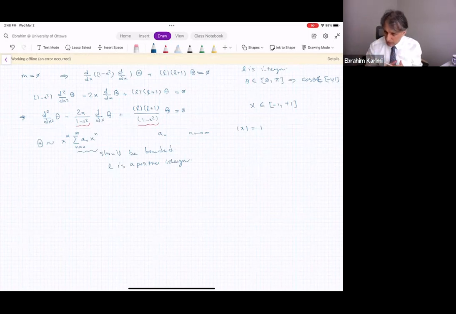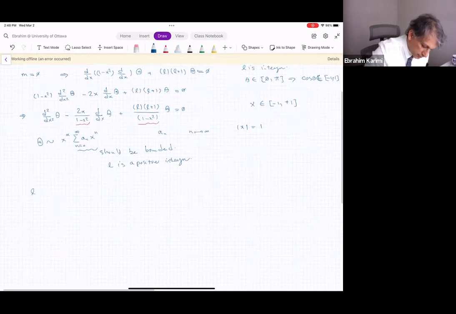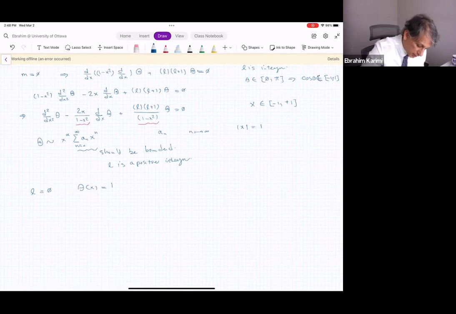You can look at what is happening for L equal to 0. For L equal to 0, theta(x) is equal to 1. For L equal to 1, theta(x) will be equal to x. For L equal to 2, theta(x) will be, I think, 1/2 of 3x squared minus 1.